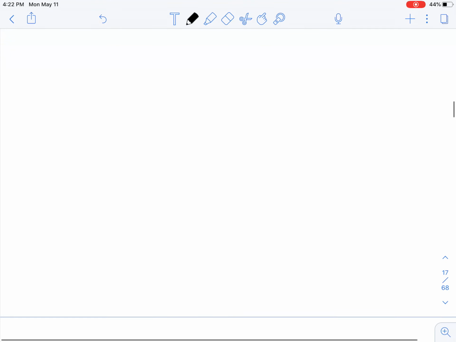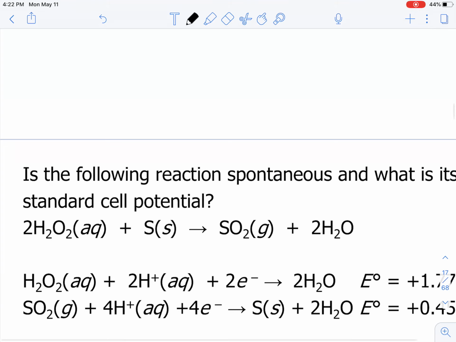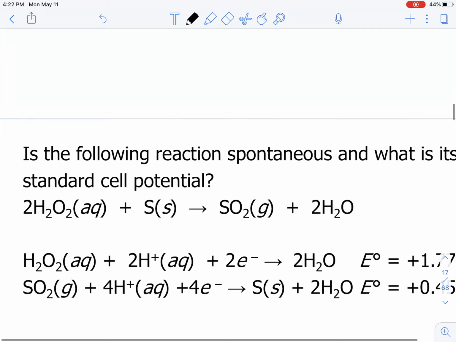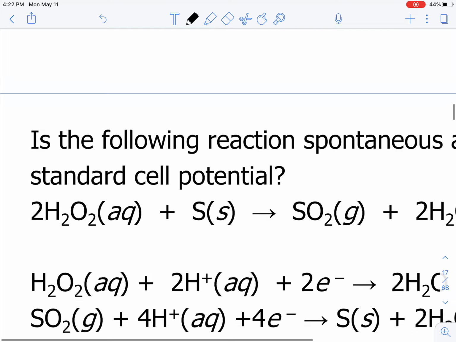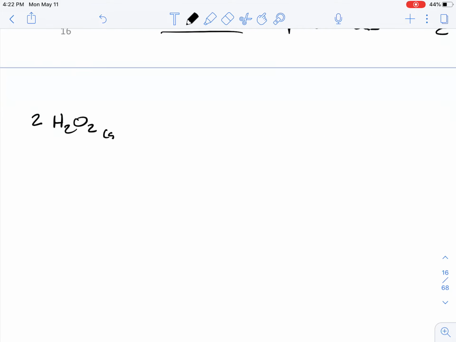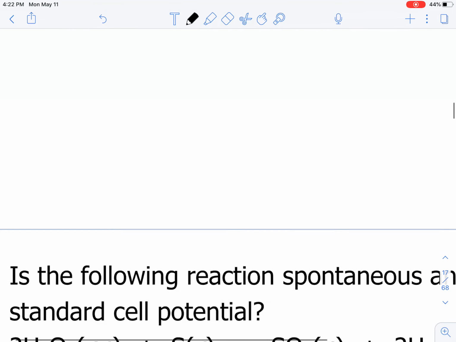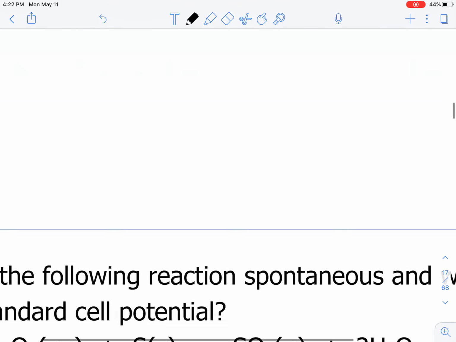All right, so I'm actually going to rewrite this at the very top, just because I didn't put in enough space. So this one's just a little bit involved. So we have 2 H2O2 plus S solid to produce SO2.